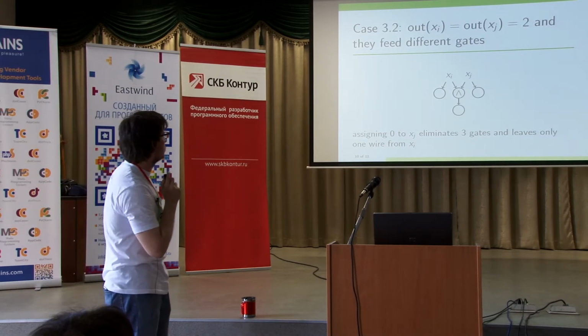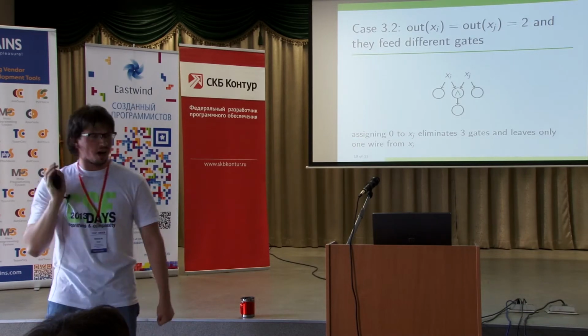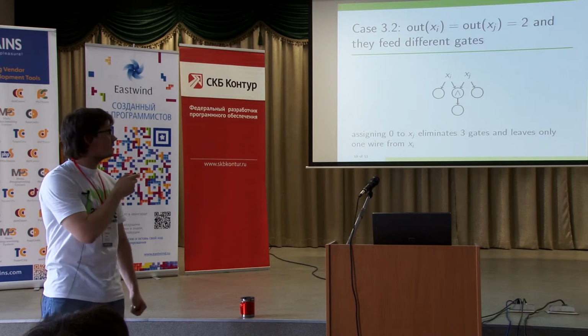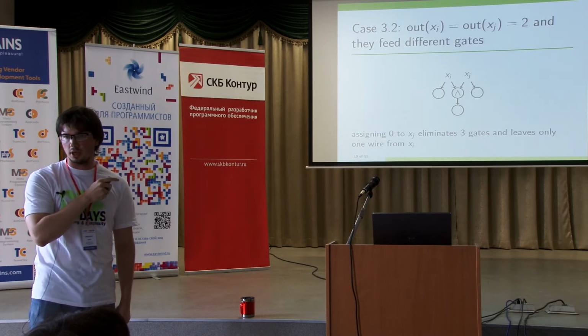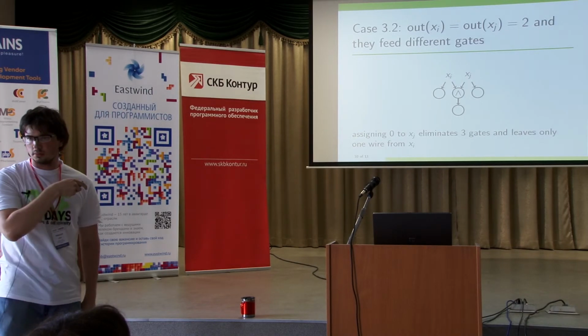Case number 2 is the only tricky one. I omit the real proof, but the idea is simple. We can make a substitution for one of the variables and kill these three gates.